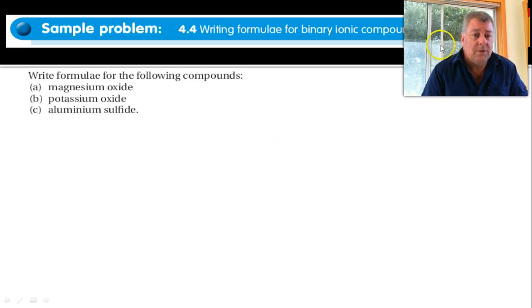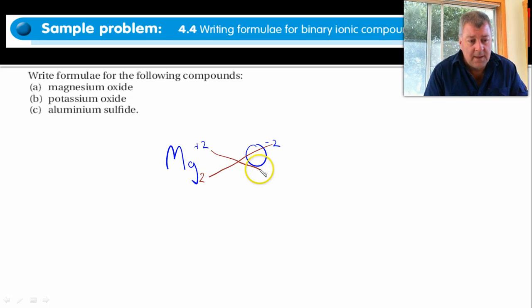Now if I use the crossover technique, let's just do it for one, magnesium oxide. Magnesium, if we look it up in the table, is +2, and oxygen is -2. If we use the crossover technique, that would tell us that we need 2 magnesiums and we need 2 oxygens.